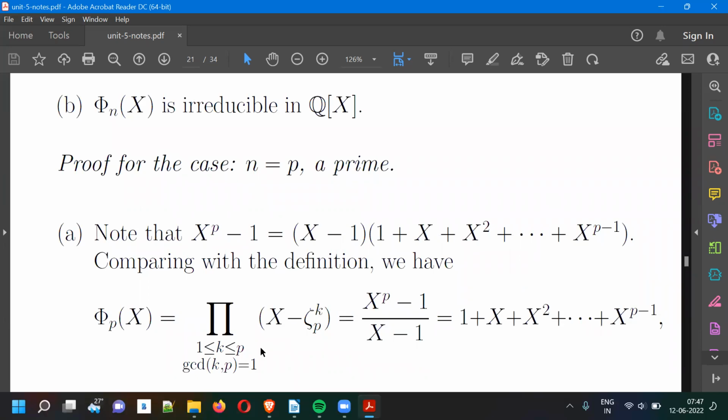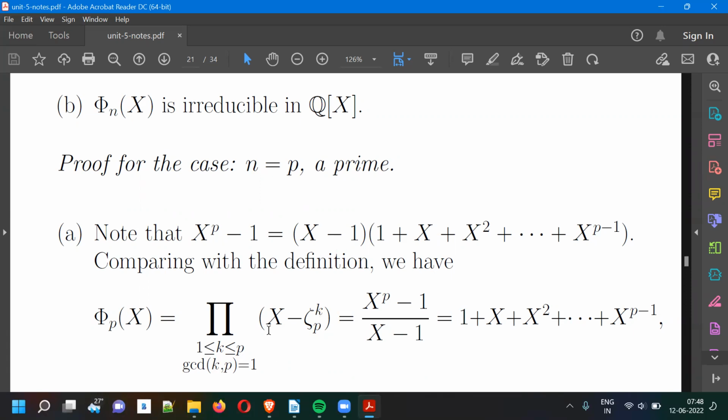Now which k are going to be co-prime to p, as k varies from 1 to p? Since p is a prime, k is co-prime to p for all k between 1 and p minus 1. That's the important part.